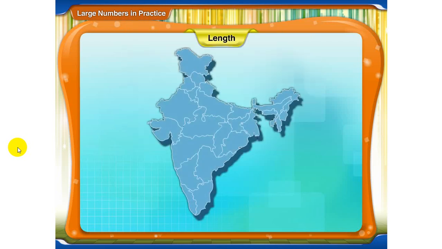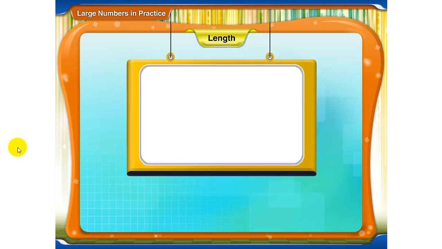Even meter is too small when we have to state distances between cities, say Delhi and Mumbai or Chennai and Kolkata. For this, we need kilometers. C. 1 kilometer is equal to 1000 meters.